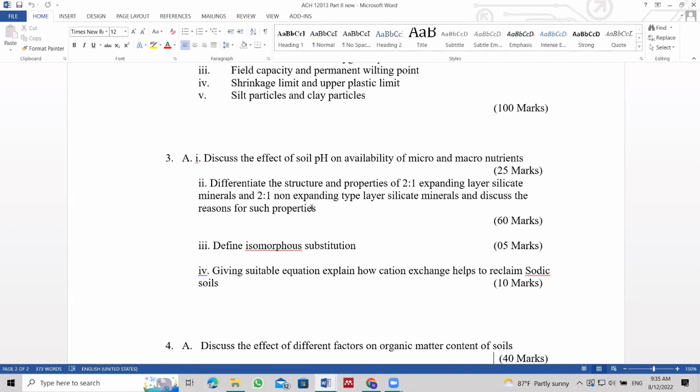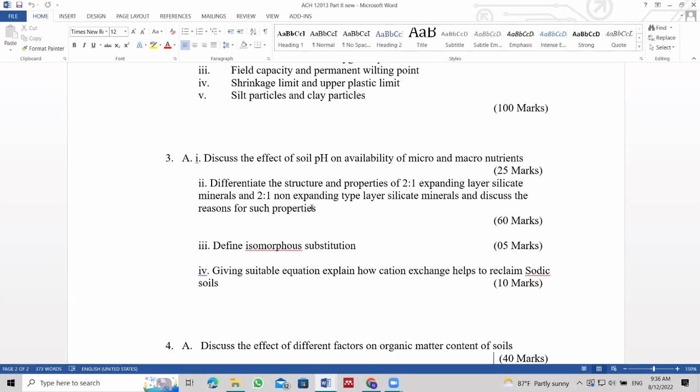What is 2:1? 2 silicon tetrahedral sheets and 1 aluminium octahedral sheet sandwiched. Okay. Then what is the difference between expanding and non-expanding? Both are 2:1, so in that case, no difference. But what is the difference between expanding and non-expanding?